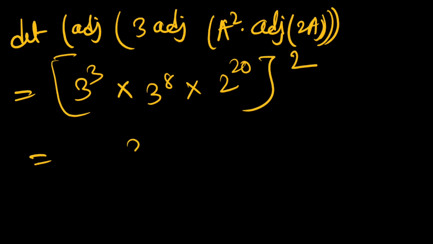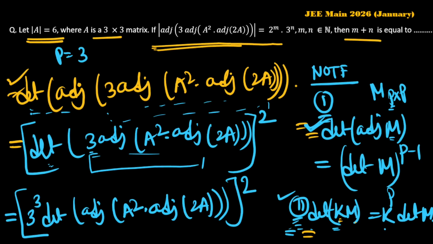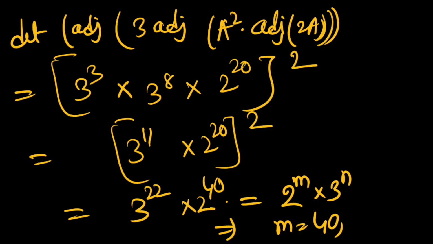So that is 3 power 11 into 2 power 20, whole square, that is 3 power 22 multiplied by 2 power 40. In the question it is given that this value is equal to 2 power m into 3 power n. This implies m is equal to 40, n is equal to 22.